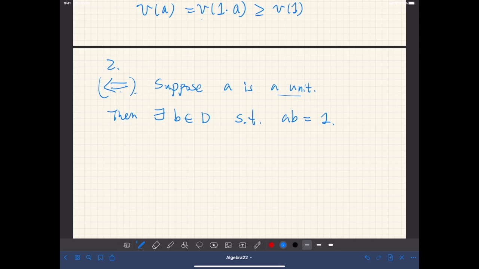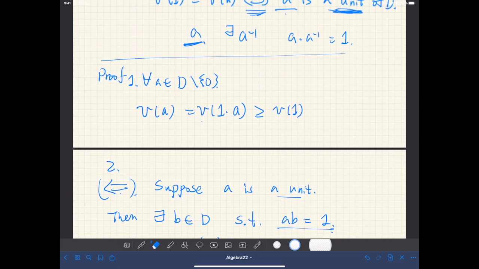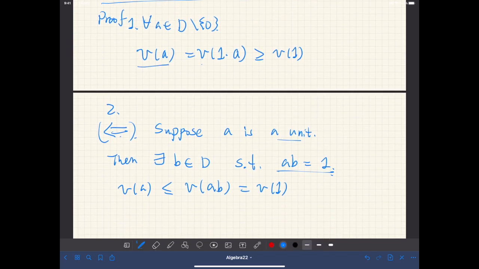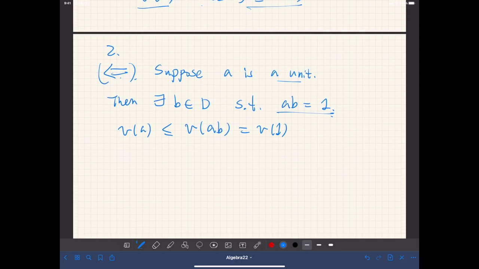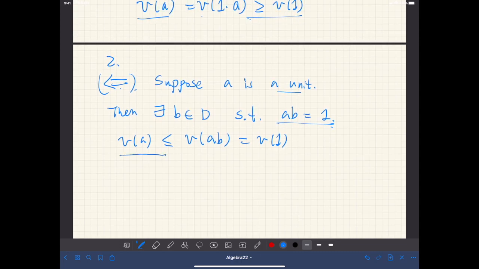So v of a is less than or equal to v of ab, but this is equal to v of 1 because of this. And from part 1, v of a is greater than or equal to v of 1, but here we have v of a is less than or equal to v of 1. Therefore, v of a is equal to v of 1.